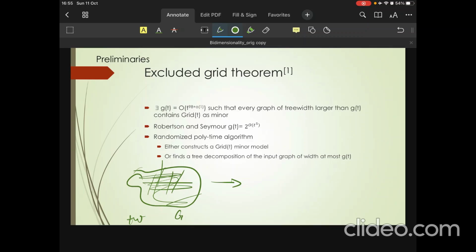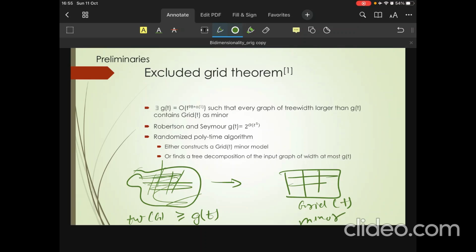What the excluded grid theorem says is that if tree width of the given graph G is greater than or equal to some g of t, where we'll define g of t later on, then we can claim that it has grid T as its minor. Fine.